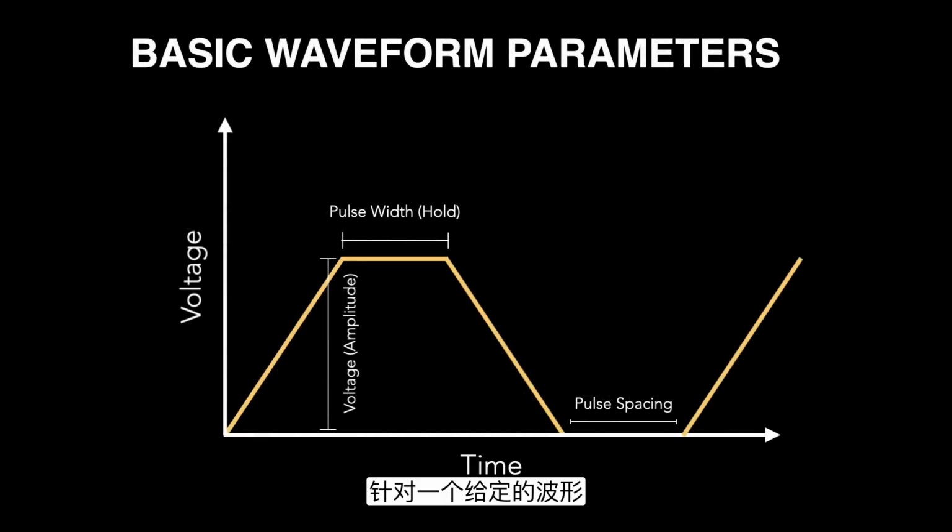The basic parameters that we're working with for a given waveform are the voltage or the amplitude of each individual pulse, and how long that voltage is applied for, which is known as either the pulse width or the hold time, depending on the manufacturer.